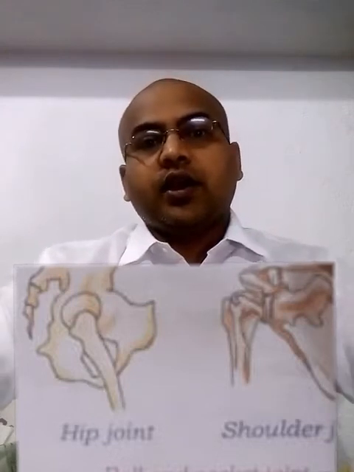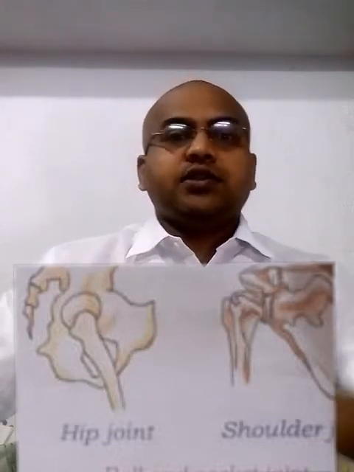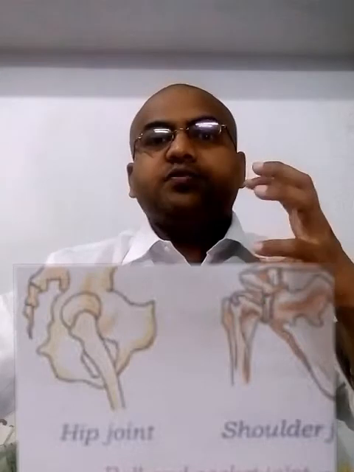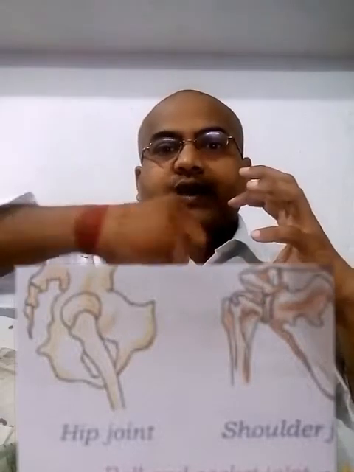In our shoulder there is a socket which is formed by the front collarbone and, from the back, the triangular shoulder bone. The long bone is ball shaped, and it goes and fits inside this socket.